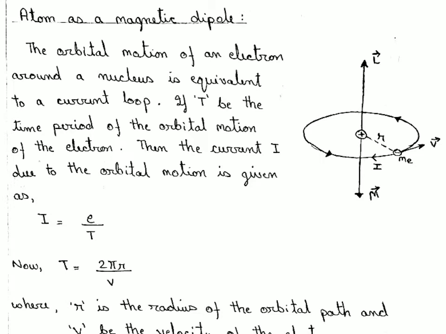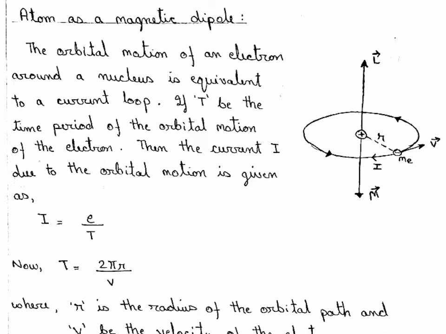So here we consider again this electron revolving around the nucleus, having mass me, revolving in a circular orbit of radius r with a velocity v, where the current I is flowing in the opposite direction. We let T be the time period, meaning the time taken to complete one revolution.